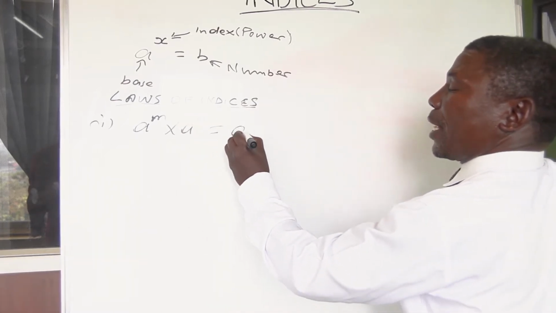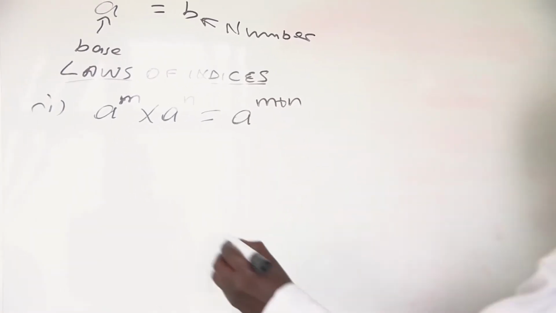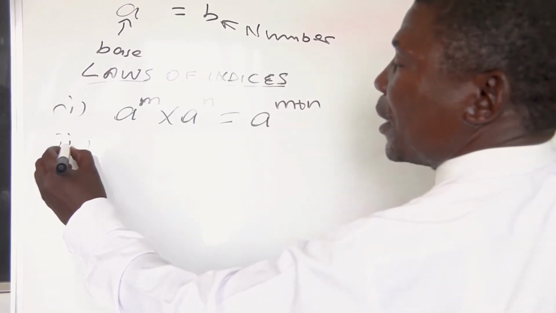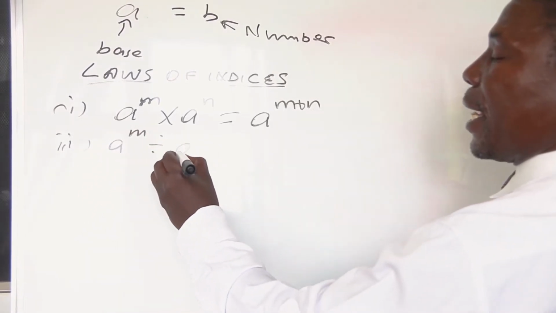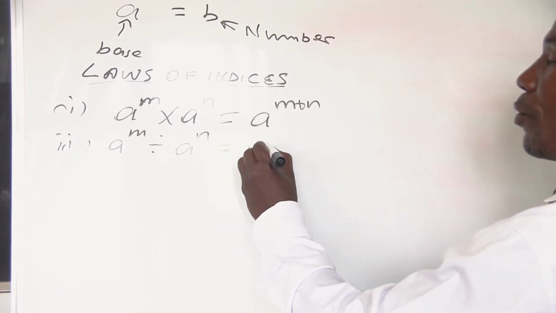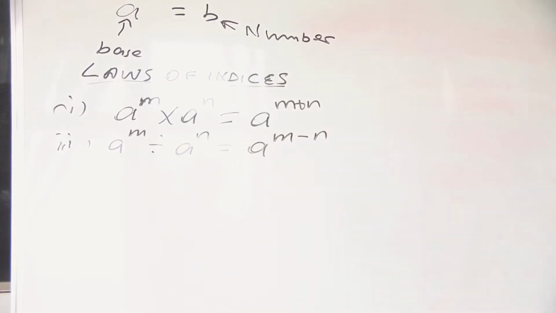This will equal a power m plus n. The second law is a power m divided by a power n. This will equal a power m minus n.